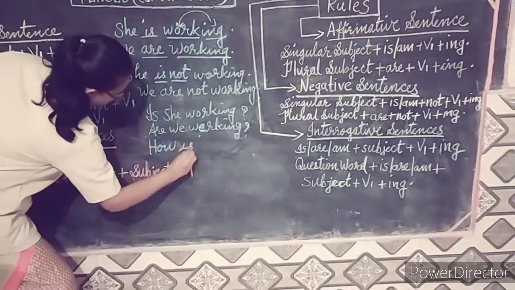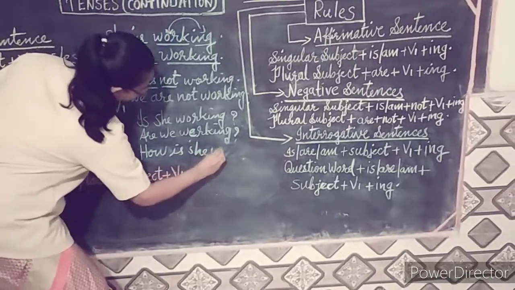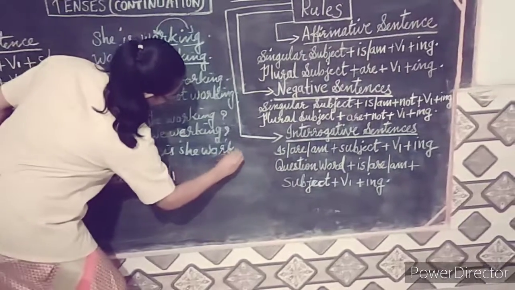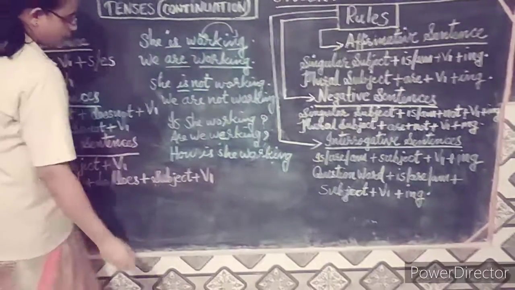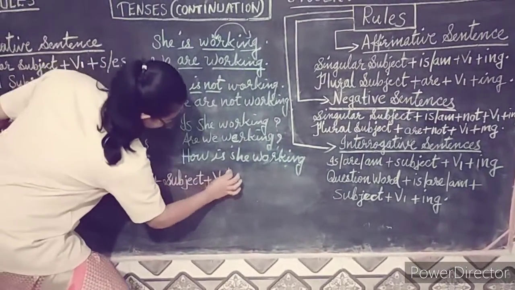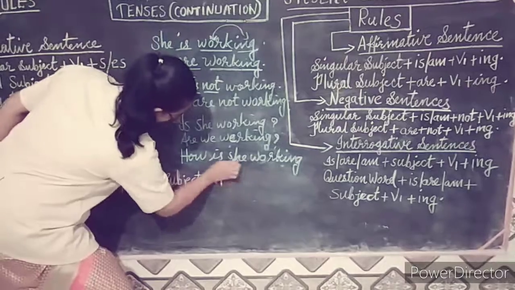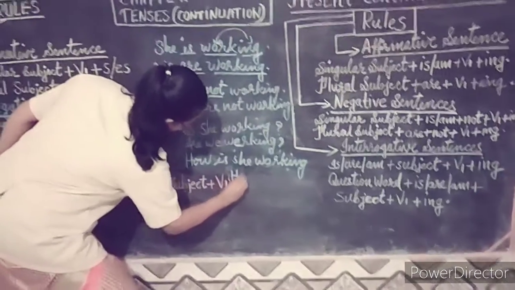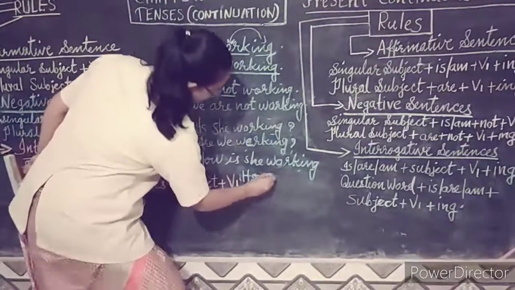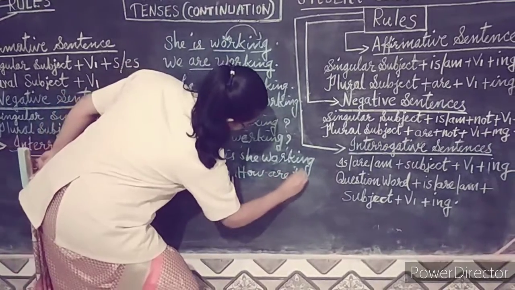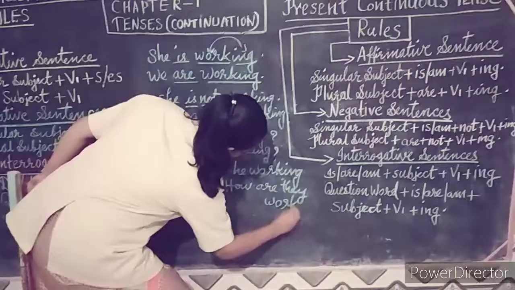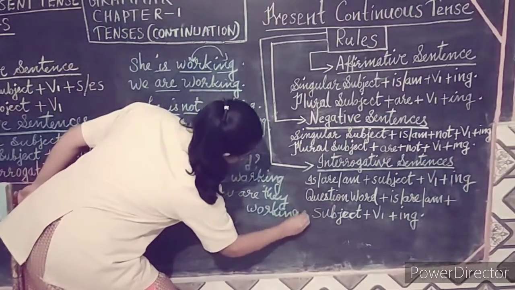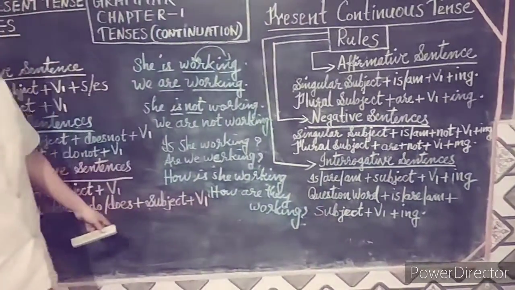How is she working? What about we are working? How are they working? I hope all of you understood something about the use of present continuous tense.